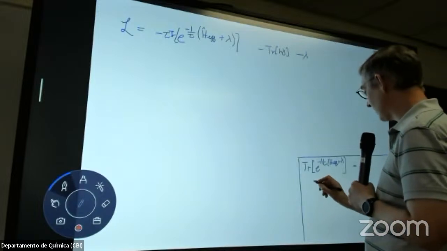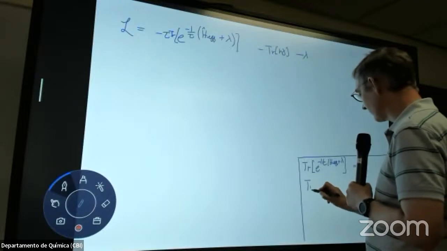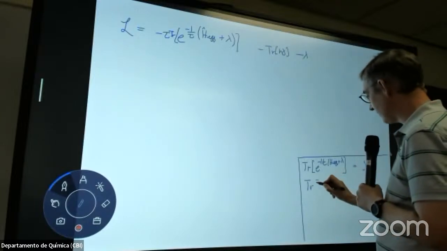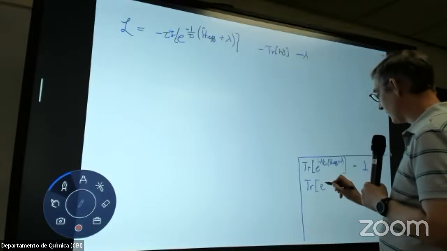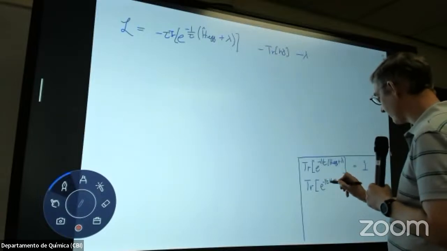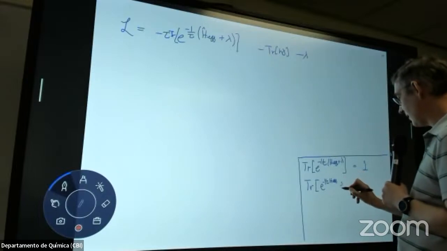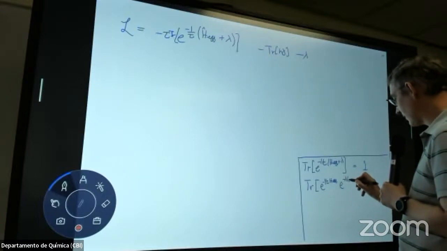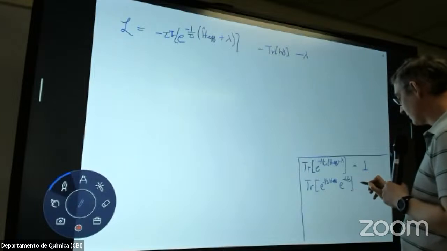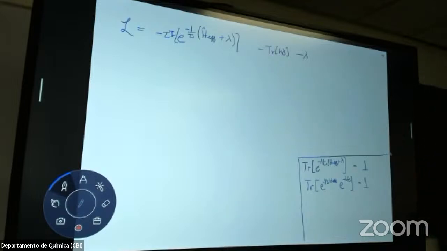And that's enough to tell me that trace of e to minus 1 over tau h effective times e to the minus lambda over tau equals 1.